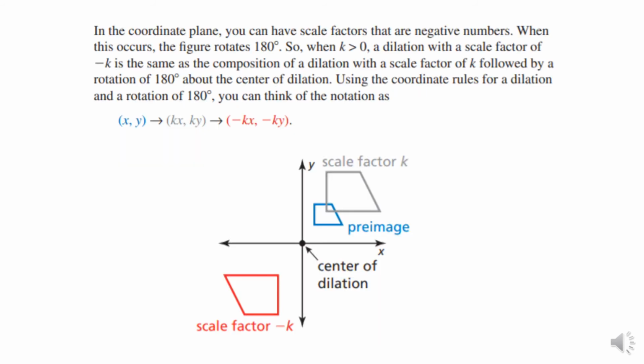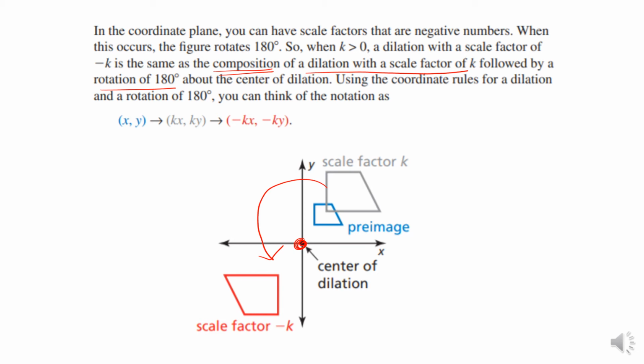Okay, in the coordinate plane, you can have scale factors that are negative numbers. When this occurs, the figure rotates 180 degrees, 2 quadrants over. So when k is greater than 0, a dilation with a scale factor of negative k is the same as the composition, meaning the combination, of a dilation with a scale factor k followed by a rotation of 180. So two things are happening about the center of dilation. That's key.